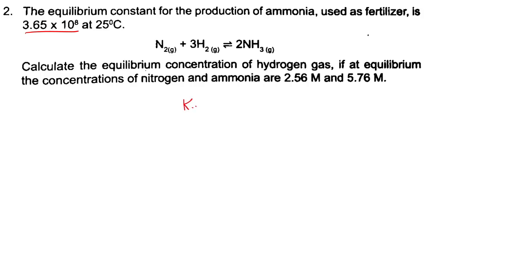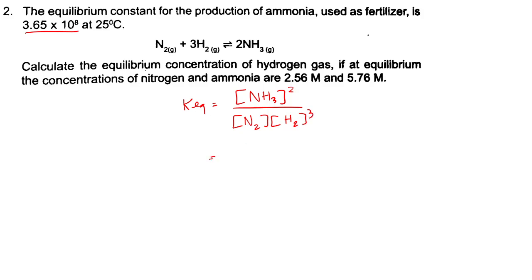So Keq is equal to the molar concentration of the products over the reactants. Here, the product is NH3 raised to its coefficient, which is 2, over the molar concentration of N2 times the molar concentration of H2 raised to the power of 3.